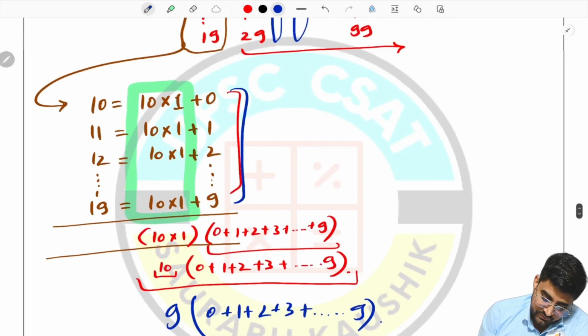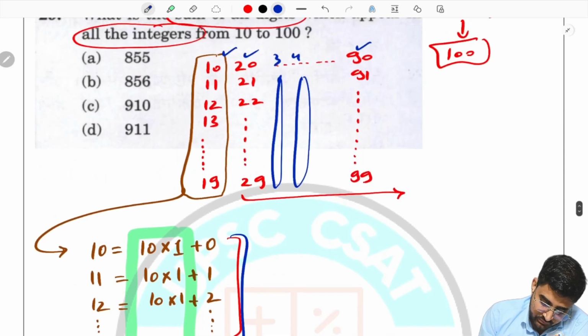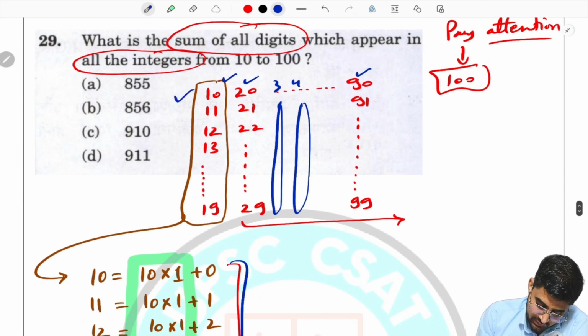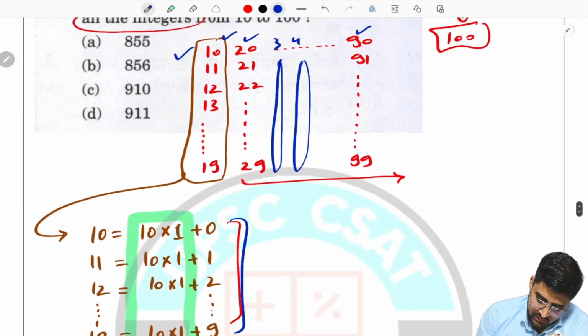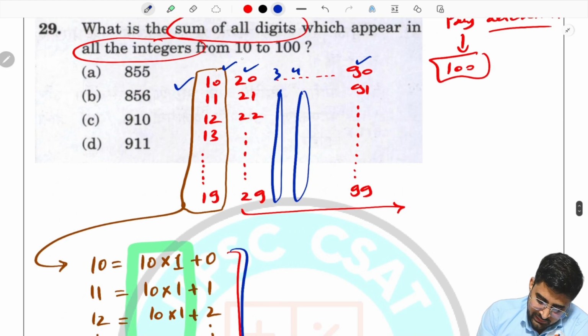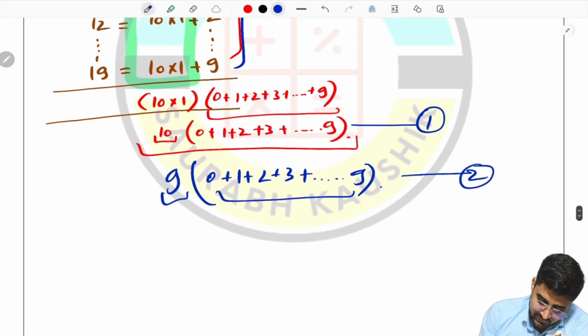Again I'm telling you, first we have calculated this one: 10 into the sum of 0 to 9. Now this similar pattern we are going to observe here also. How many are there? There are 9 formations, 1, 2, 3, 4, 5, 6 till 90. It's 9 only. So 9 times we are going to see this. Now let's calculate them.